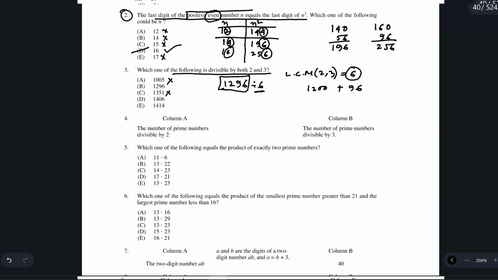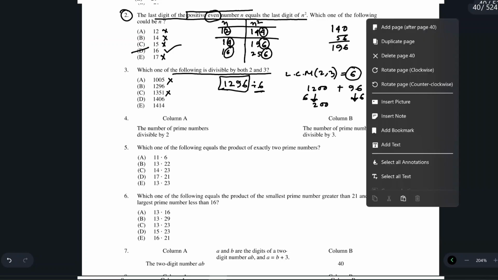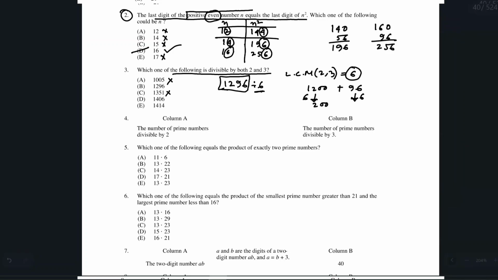We know that 1200 is divisible by 6 because we can get 200, and 96 is also divisible by 6 because 16 times 6 is 96. So if we divide 1296 by 6, we get 216. So this number is divisible by 6, and that's why it should be divisible by both 2 and 3. So the answer for question 3 should be B, or 1296.